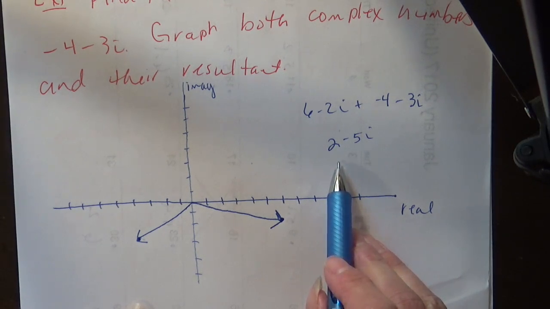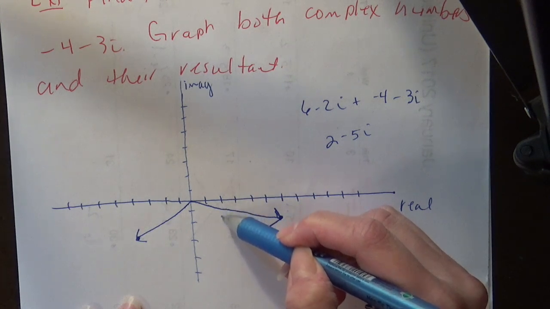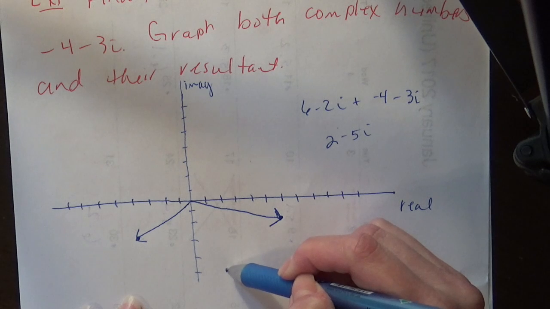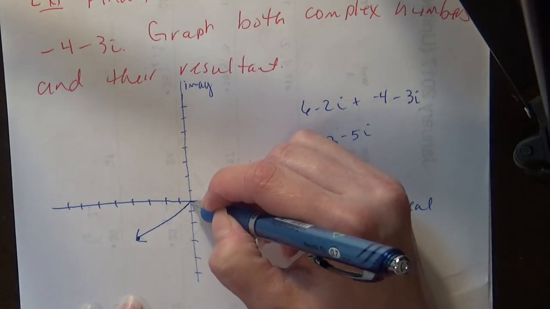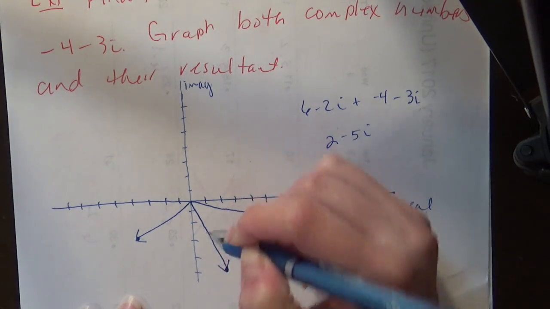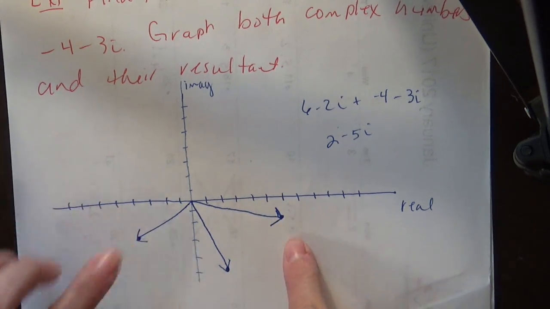So we want to find 2 on the real axis and go to negative 5 on the imaginary. And that puts us here. Okay, so the resultant, of course, is between the two original vectors. So this is our result there. So this was the resultant, and these were the two originals.